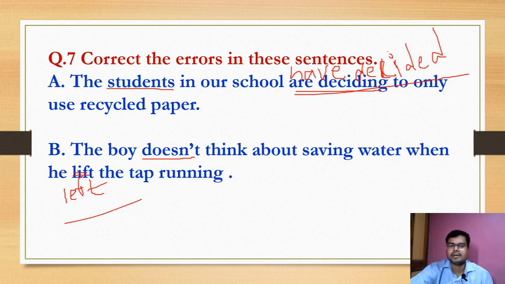So the boy doesn't think, no, when he had kept the tap running, he didn't think. So here instead of does we have to use the past form, and the correct answer is didn't. Correct. It's easy. Wow, very good.